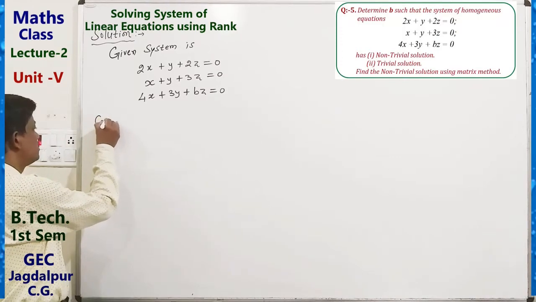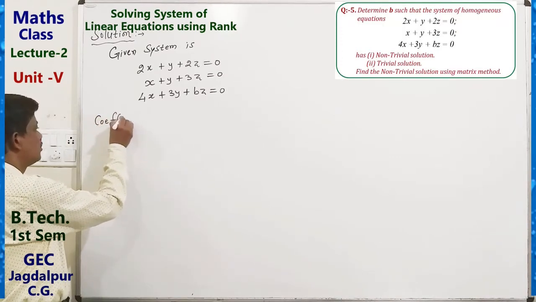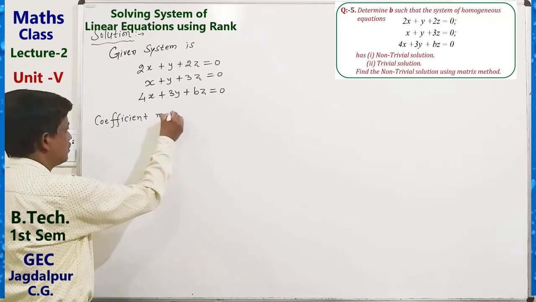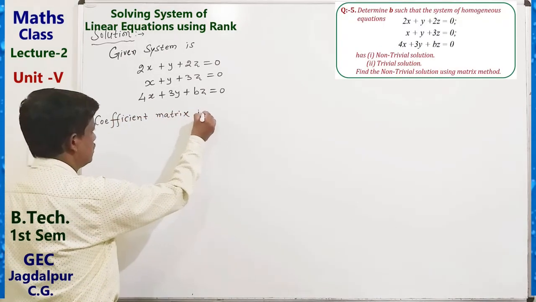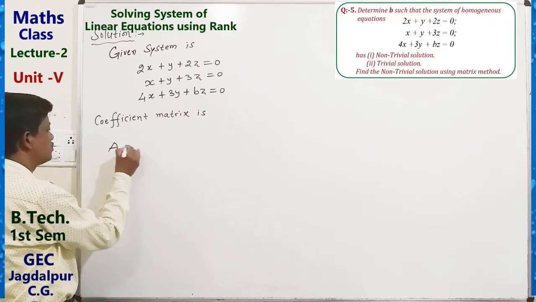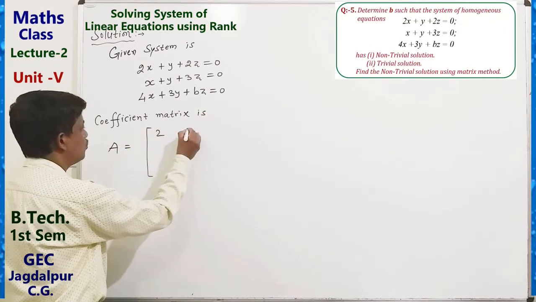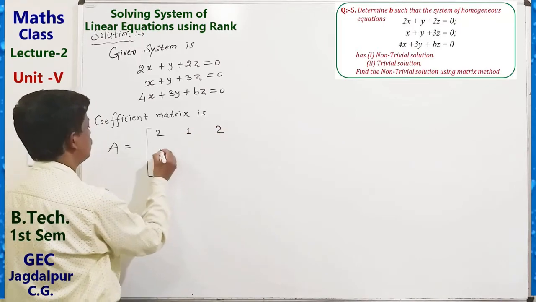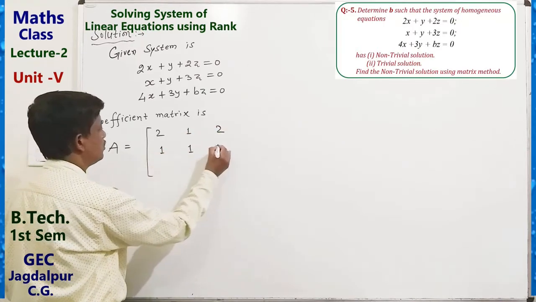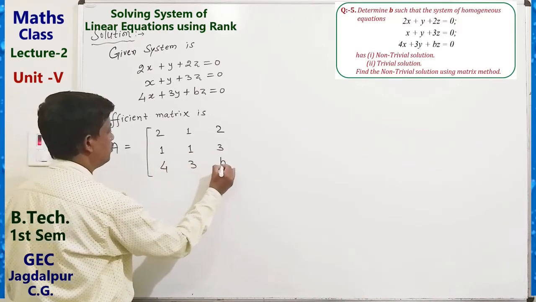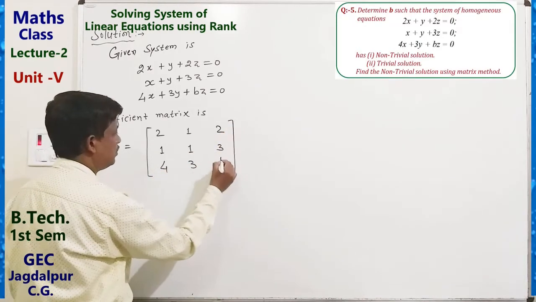Coefficient matrix is A equals to 2 1 2, 1 1 3, 4 3 b. Here b is constant.